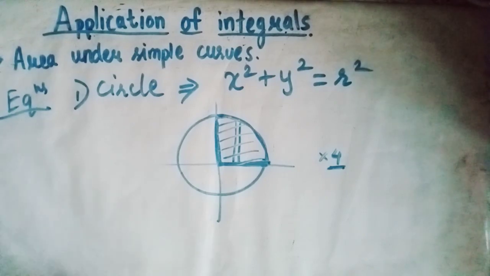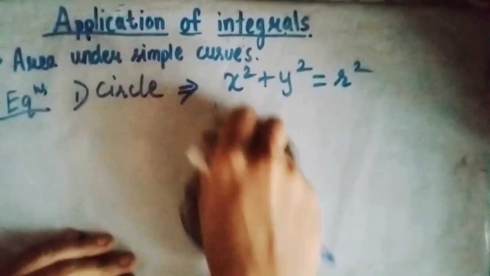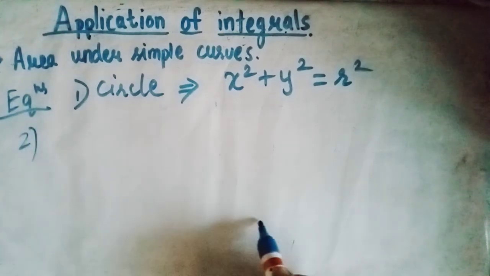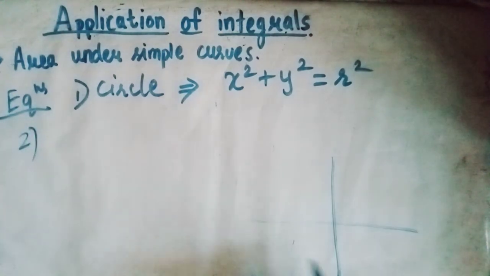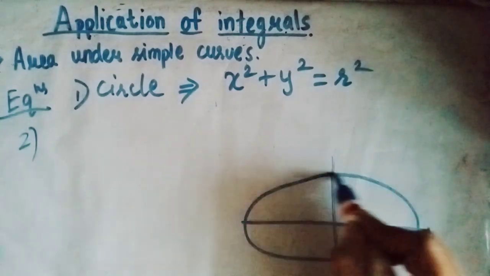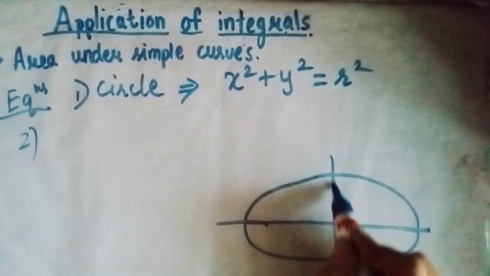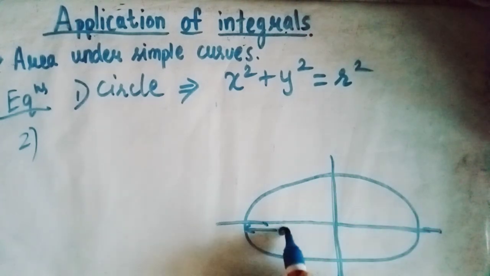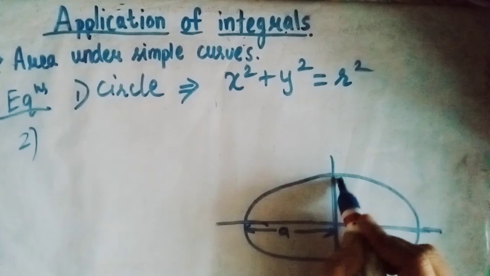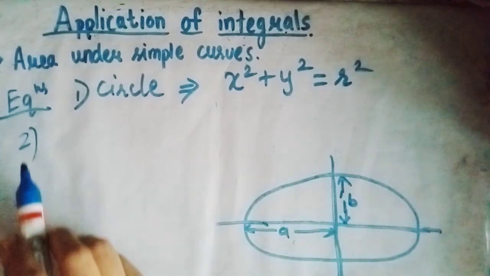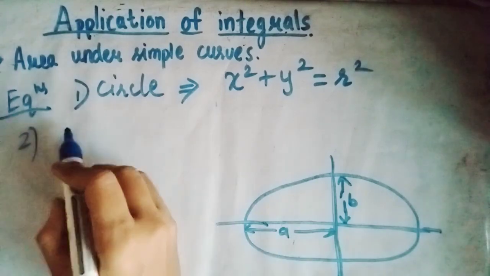Then we need the equation of an ellipse. These are the equations which you have learned in your 11th standard. This is an ellipse. This distance is a and this distance is b. This is the horizontal one.